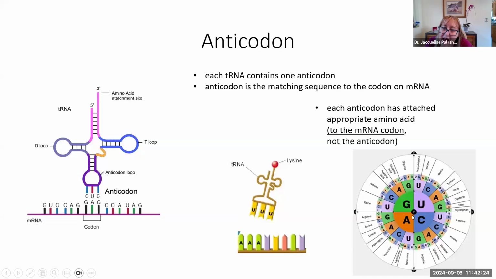Yes, AAA on our codon wheel codes for lysine. And so the anticodon for AAA would be UUU. So this transfer RNA has the anticodon of UUU, but it is bringing the amino acid lysine because lysine is what was coded for by AAA.